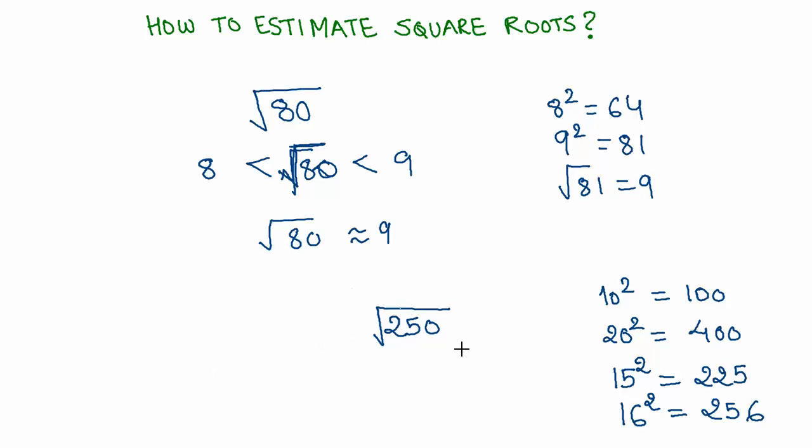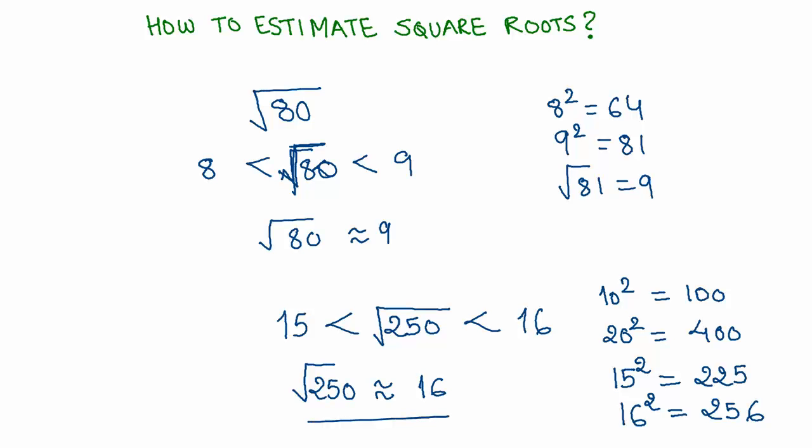From this, it clearly tells us that the square root of 250 is greater than 15, but it is going to be lesser than 16. But since 250 is very close to the square of 16, which is 256, we would approximate the square root of 250 to be roughly equal to 16. So this is just an approach of how we estimate square roots.